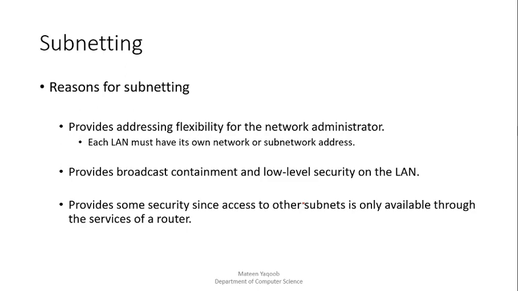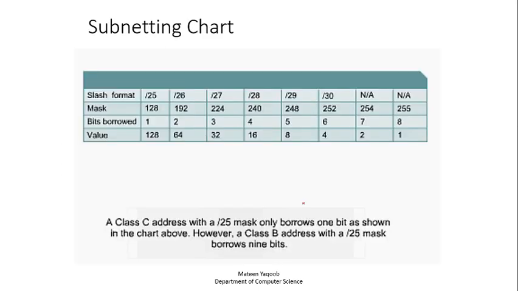Subnetting is a technique that can be utilized to accommodate many networks or many subscribers. So subnetting will provide broadcast containment and low level security on a local area network, and also it will provide access available only through the service of a router.